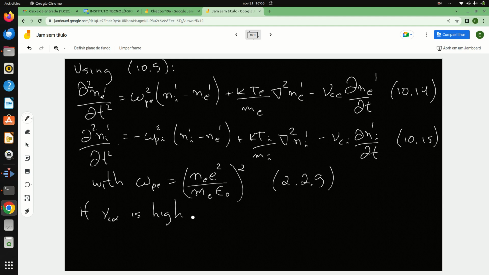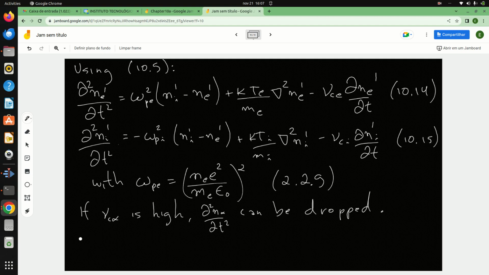Okay, if it's high, then this can be dropped. Okay, now let's drop these two terms. Use electron plasma frequency similar or the same order of magnitude as the ion plasma frequency. So these two quantities will be approximately the same, and then we sum both equations.